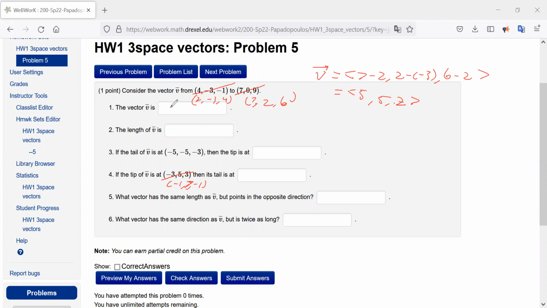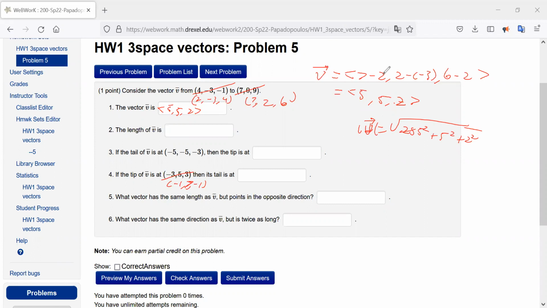So that gives me the vector here. And what's the length of this vector? Well, it's just the same thing as the distance formula. So the magnitude of v is going to be equal to the square root of 5 squared plus 5 squared plus 2 squared.